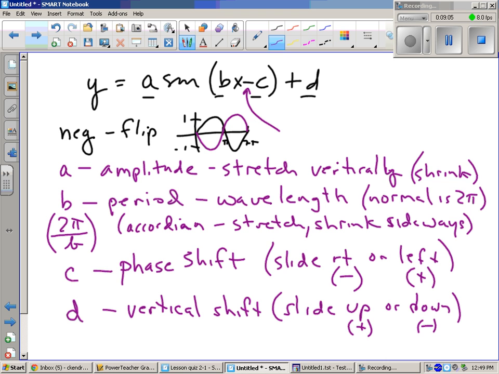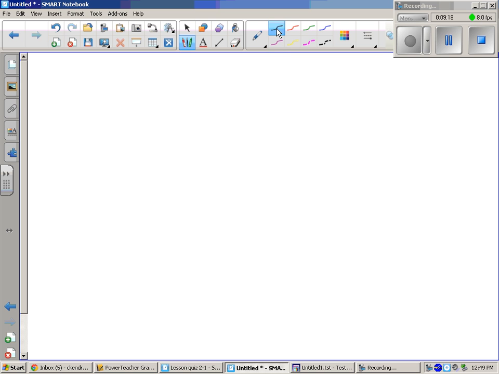All right, so let's try one that involves all of these changes. Start out in black. So y equals negative 2 sine, 2x minus pi, plus 1.